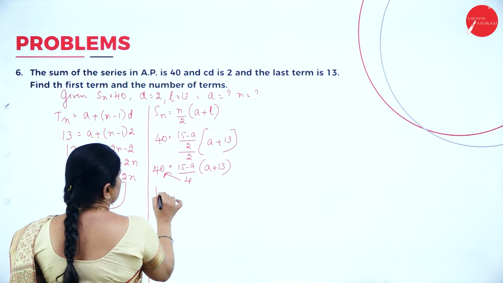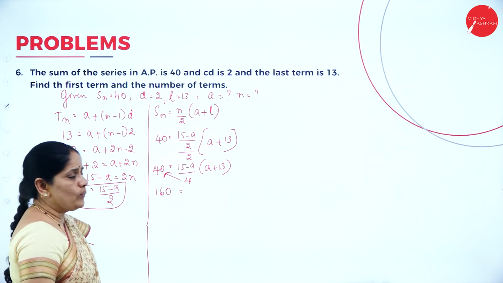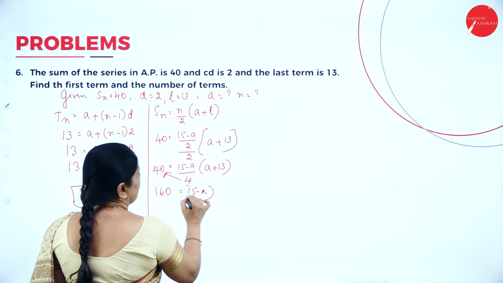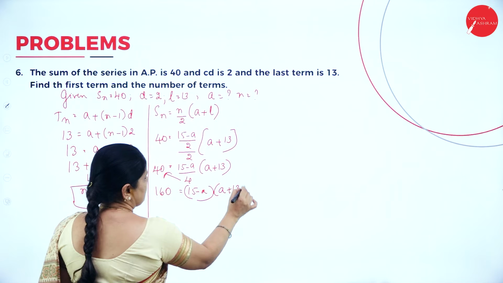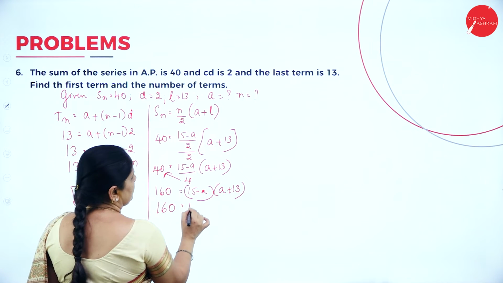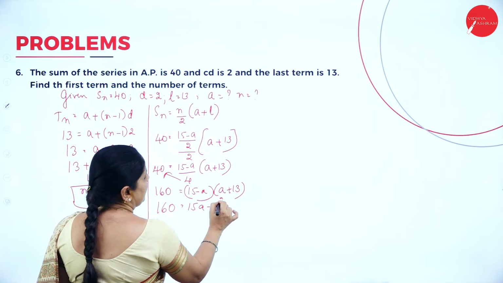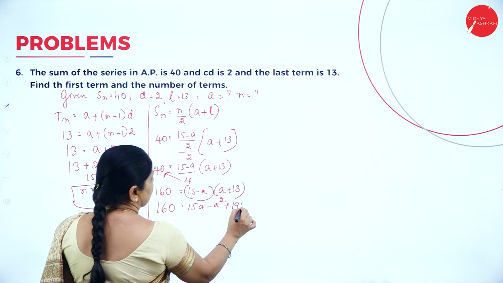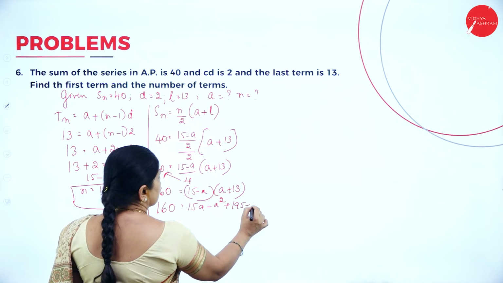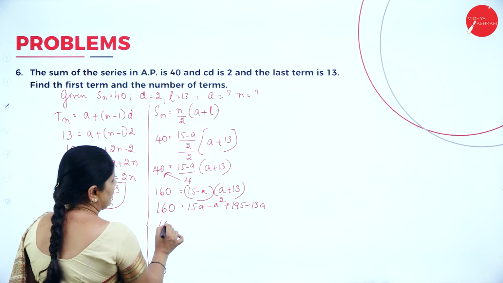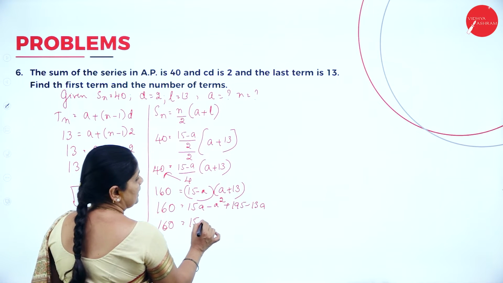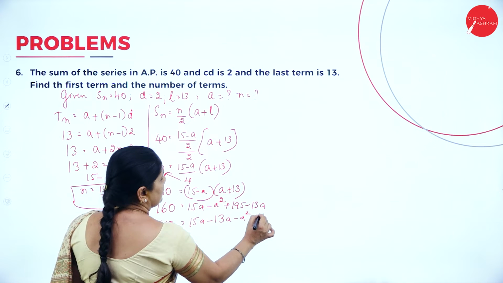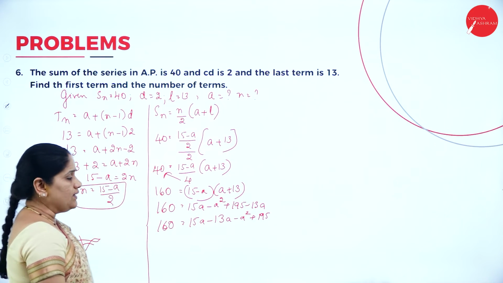So, cross multiplication. So, 160 will be equal to 15 minus A into A plus 13. So, 160 will be equal to 15A minus A square plus 195 minus 13A. So, 160 will be 15A minus 13A minus A square plus 195.